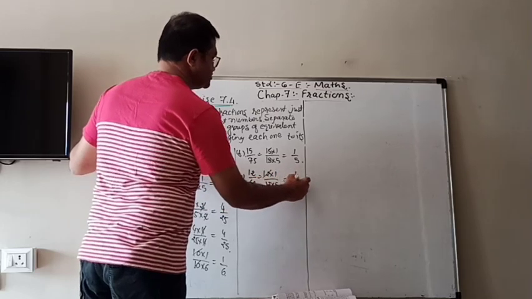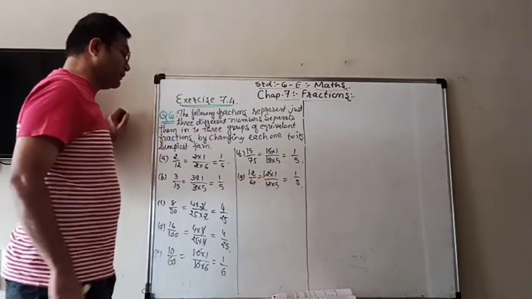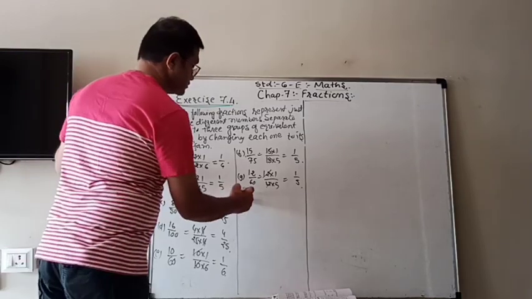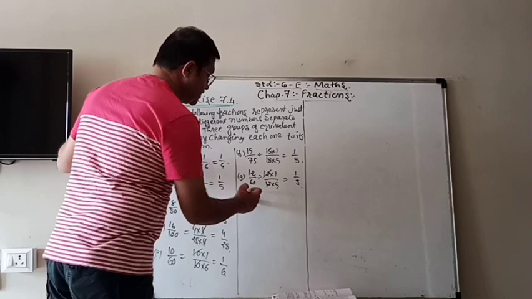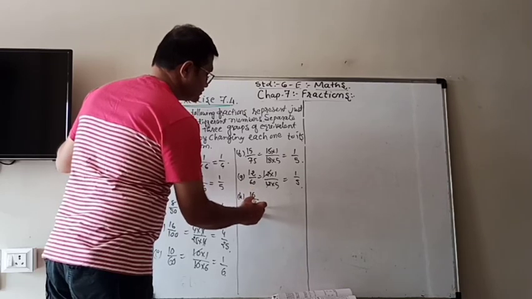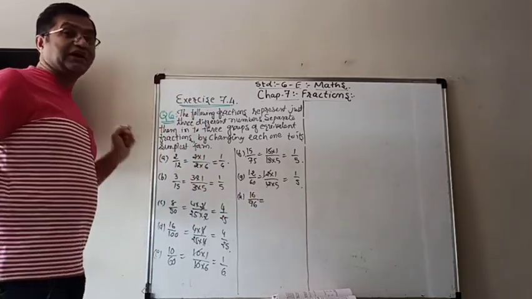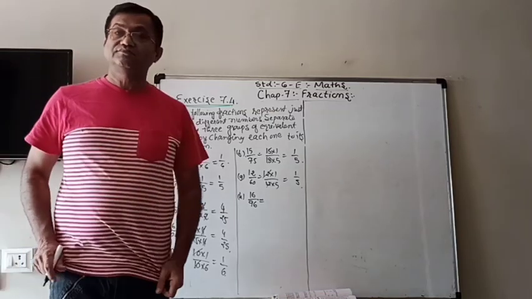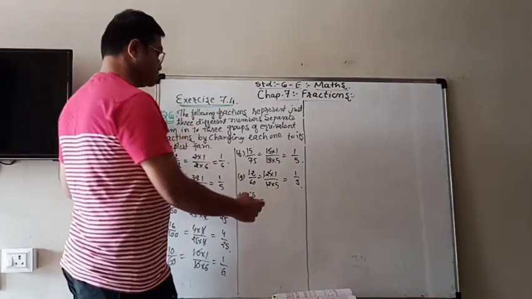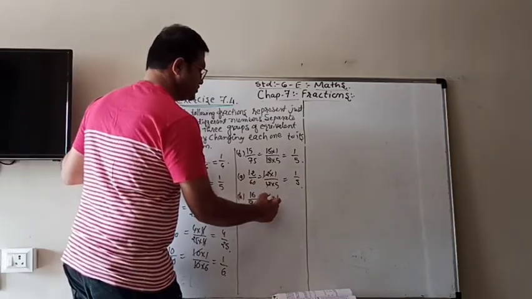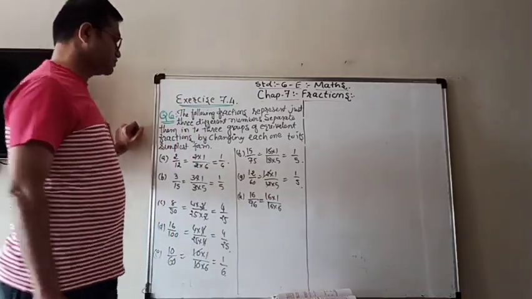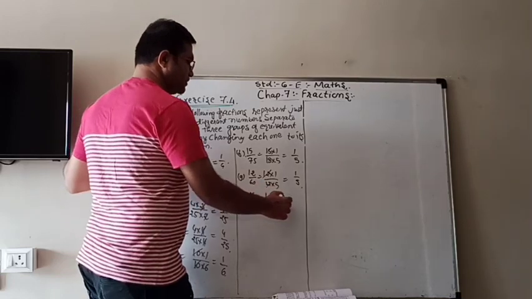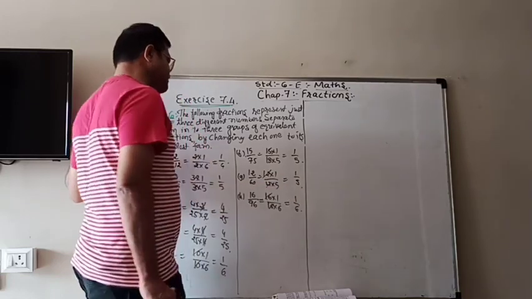So its simplest form is also 1 upon 5. H, 16 upon 96. Now if your tables are clear in your mind, it is very easy. 16 ones are 16, 16 6s are 96. So simplest form is 1 upon 6.